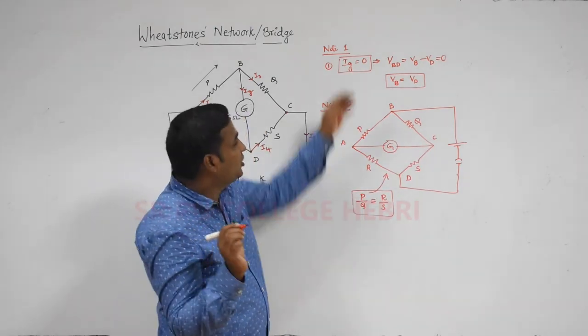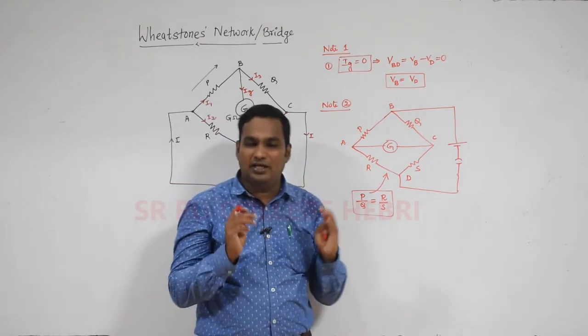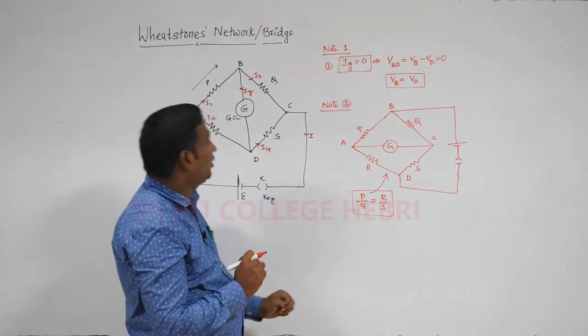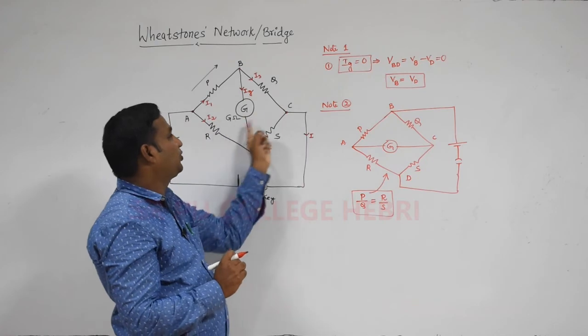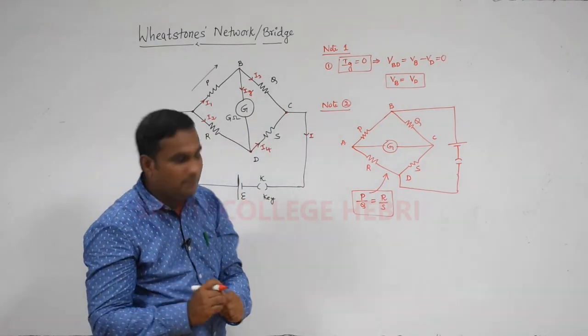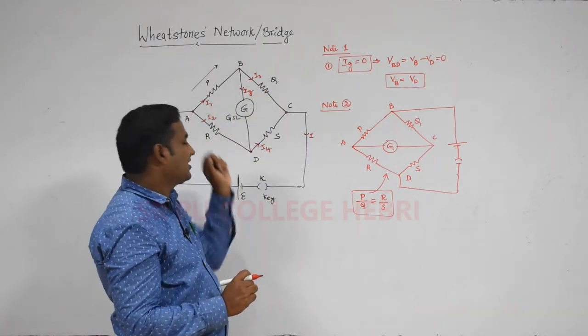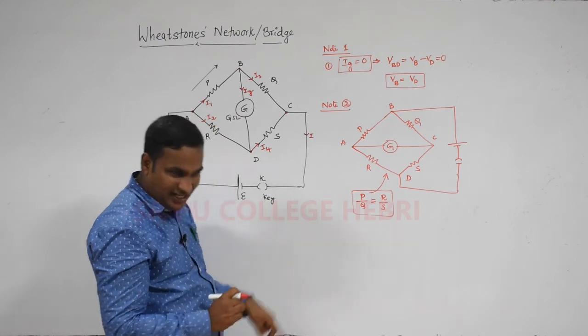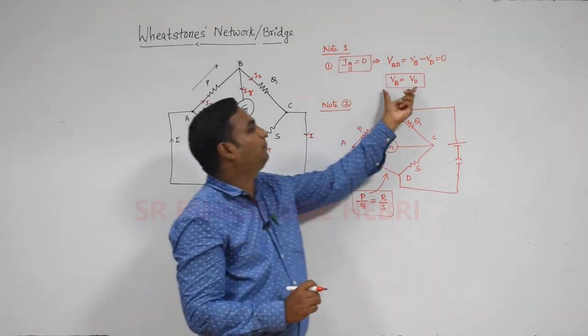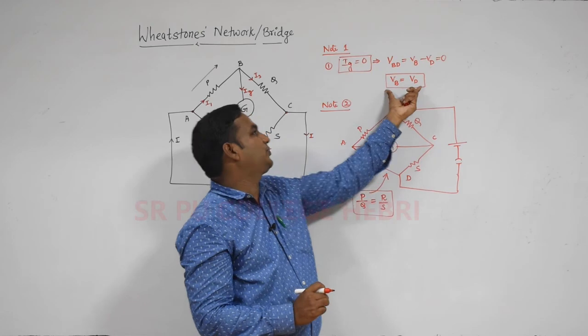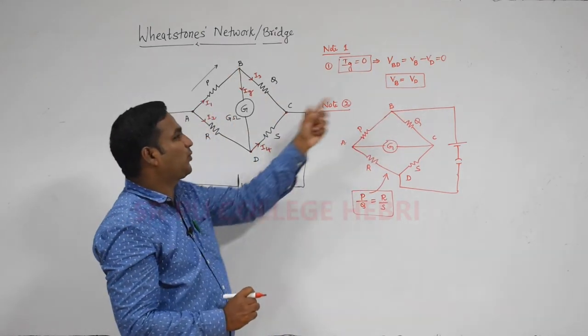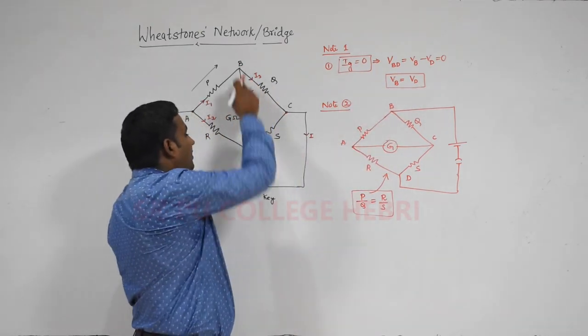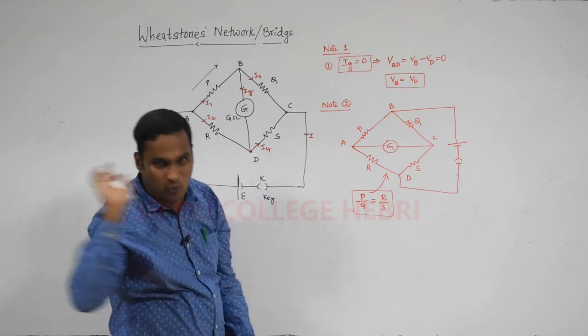That's why remember these two important notes, mainly for the exam. Keep one point clear in your mind. Here the current flowing through the galvanometer becomes 0 by adjusting the values of resistors P, Q, R and S. Automatically the potential difference between point B and D is equal to 0. Potential at point B and potential at point D are equal.